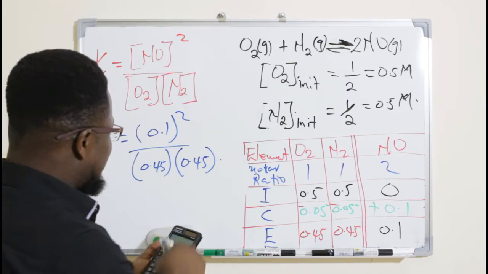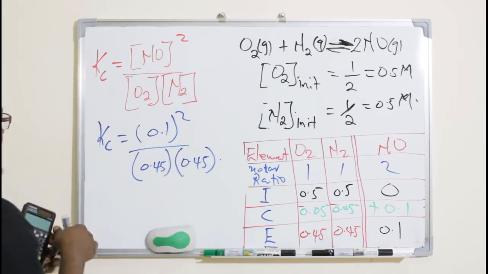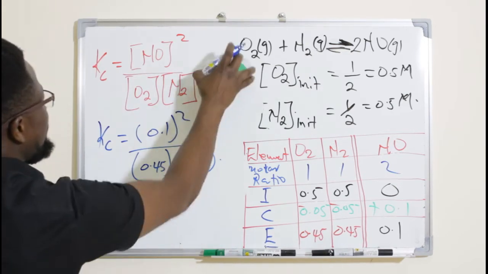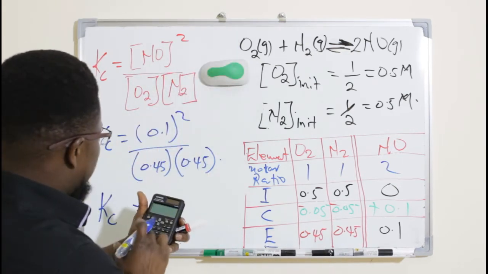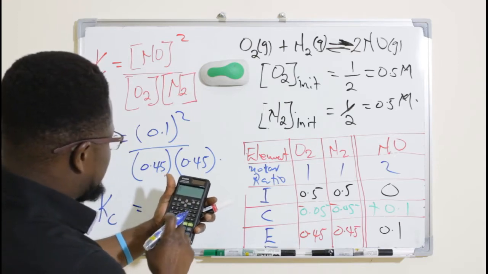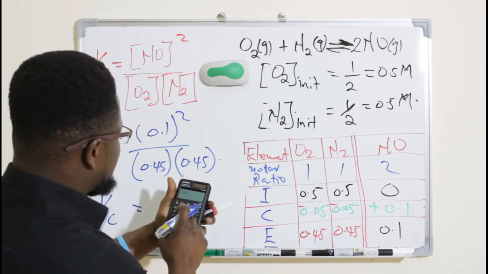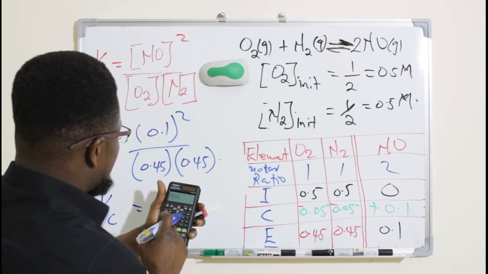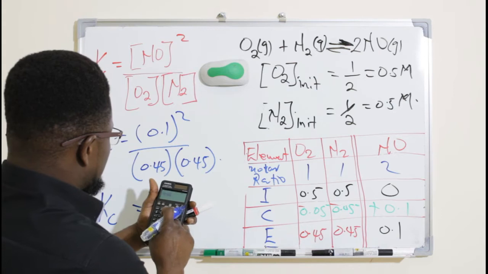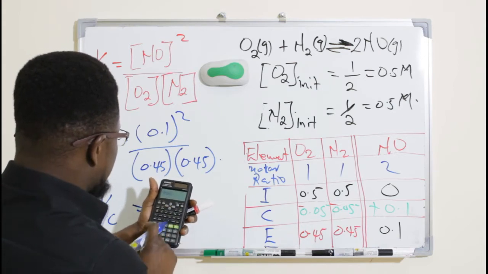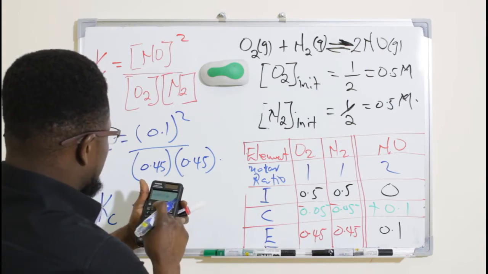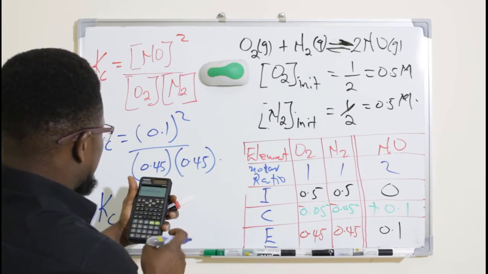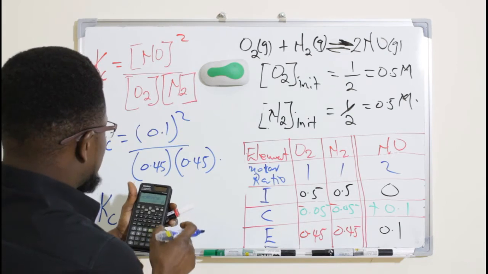Right, so let's check and see what is going to be the Kc value. Our Kc now, we work out, and what we have is 0.1 squared divided by 0.45 multiplied by 0.45. And now let's quickly check and see what is going to be the answer to that particular problem.